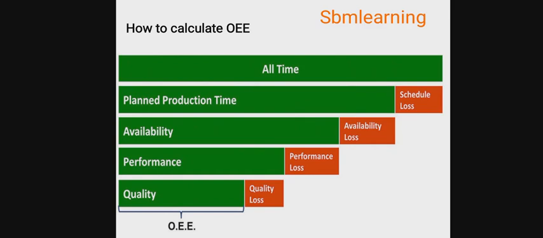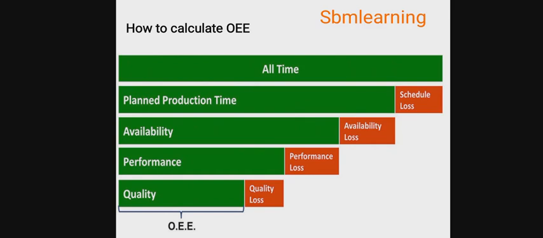Actual produced amount is 18. The formula of quality rate is actual good amount produced divided by actual total amount produced. So 17 divided by 18 will be my quality rate.